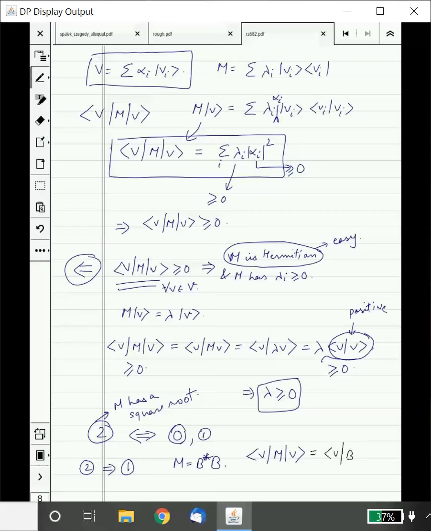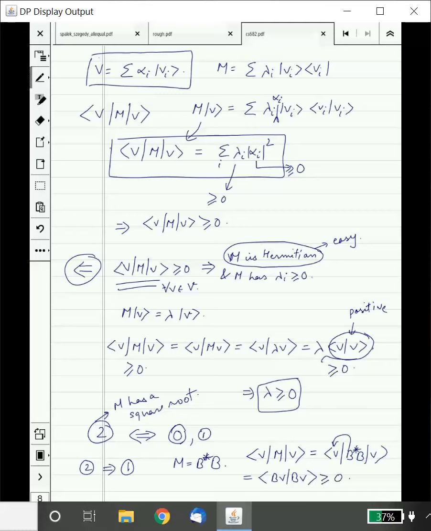I am replacing M by B star B. I know they are equal, and then this requires something which we have known for a long time. I can move this B star here and remove the star. This is a simple property of Dirac notation. You can do it by converting it to standard notation. I think you should know it by now. So once you move it here, this quantity becomes this, and since this is the inner product between identical vectors, this has to be non-negative.